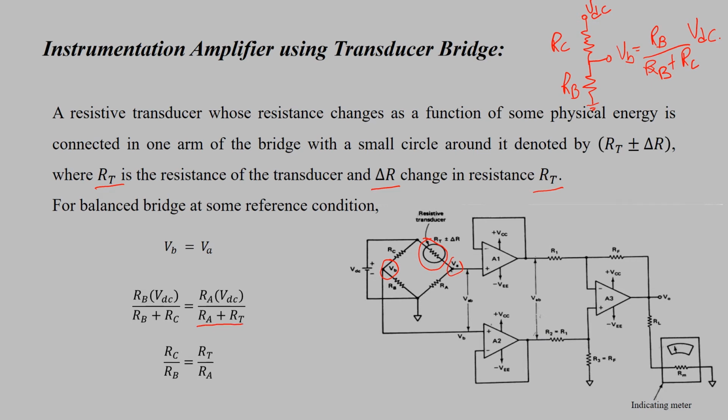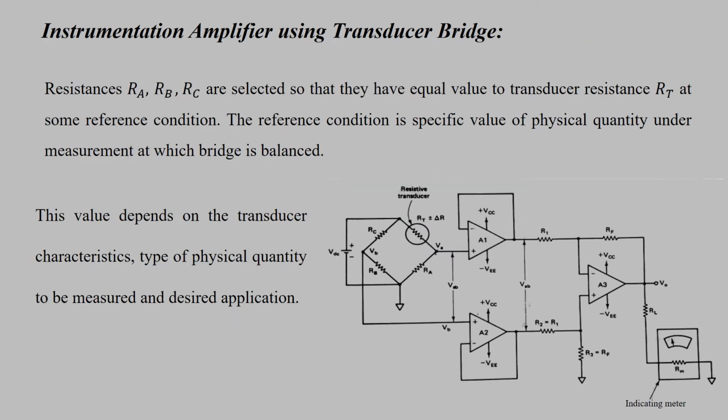From here we can write RC upon RB is equal to RT upon RA. This we already did when we talked about the Wheatstone bridge. Now the resistances RA, RB and RC are selected so that they have equal value and equal to the transducer resistance RT at some reference condition.